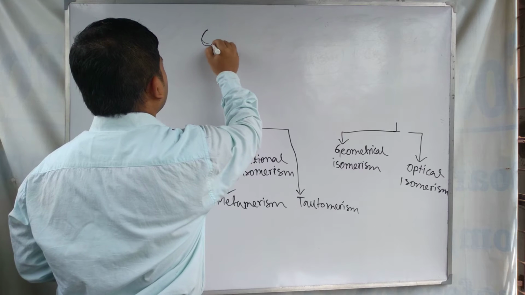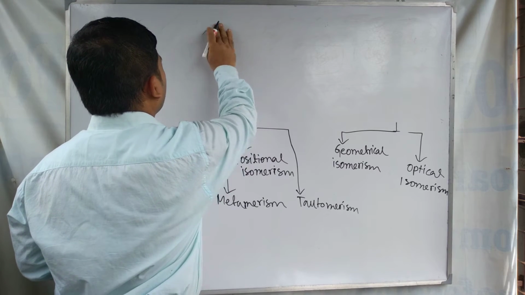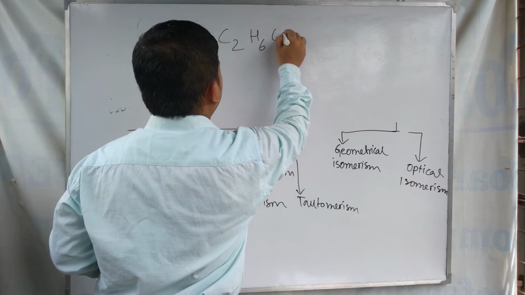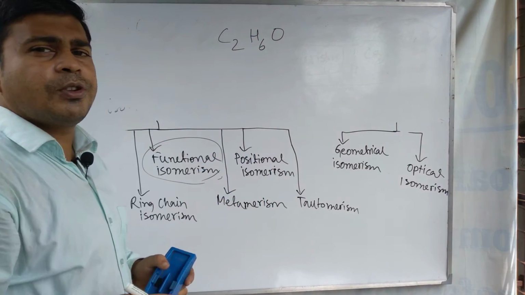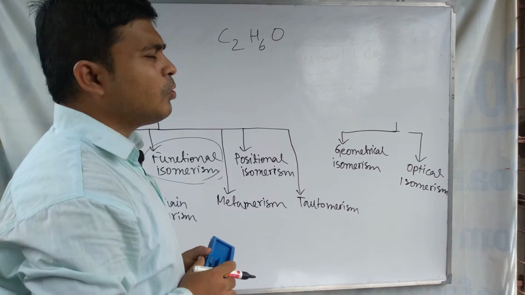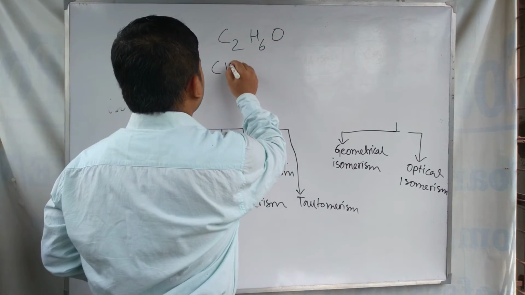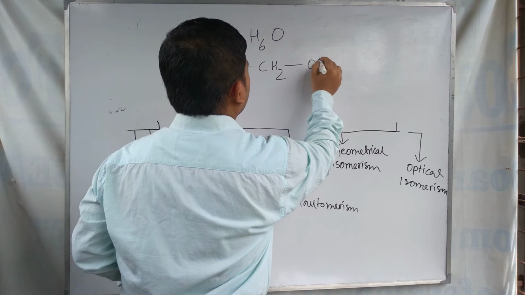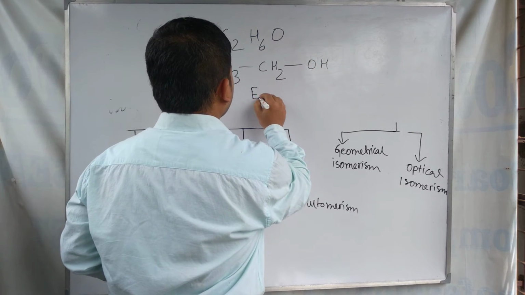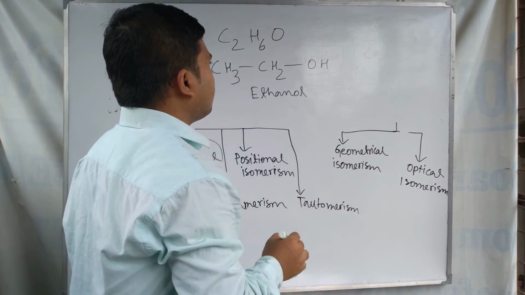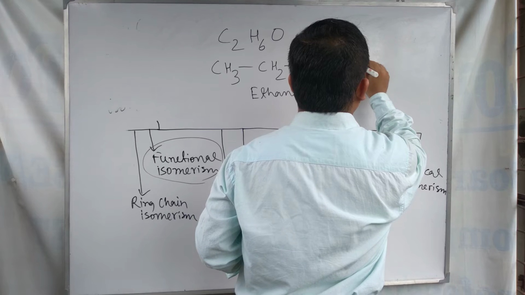Suppose you have the compound with molecular formula C2H6O. Using this molecular formula we can represent this one, which is called ethanol.